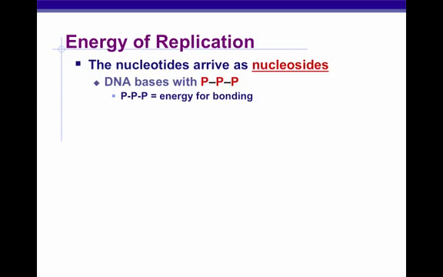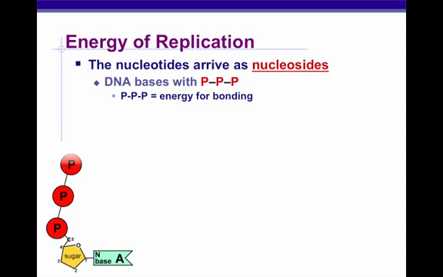So the nucleotides arrive as nucleosides. Nucleosides here are DNA bases with three phosphate groups, the triphosphate. So PPP is the energy for bonding. We call them nucleosides. Make sure you're aware of that when you're reading through, and know the difference between a nucleoside and a nucleotide.